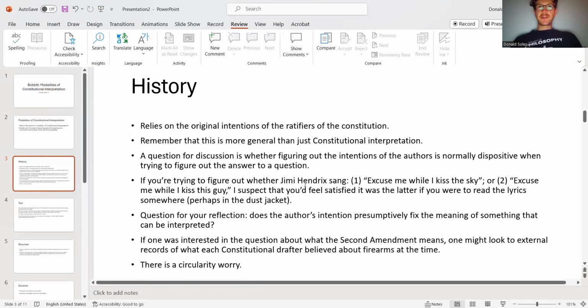They've misheard the lyric. But when they find out what Jimmy's intention was, when they find those lyrics that he wrote that are transcribed in the dust jacket or the jewel case of a CD or wherever they found these lyrics, something about finding out the answer to that question settles it for them. They realize that he meant, "Excuse me while I kiss the sky," and not, "Excuse me while I kiss this guy," right?